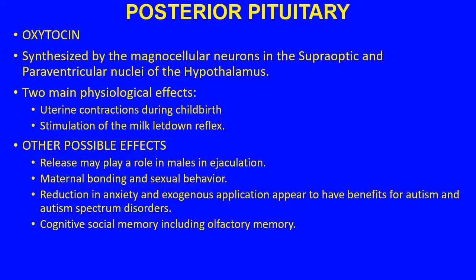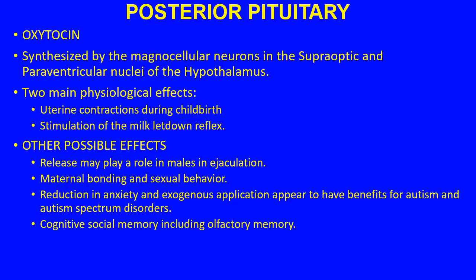For example, with oxytocin, it may be involved in the release that may play a role in males in ejaculation. Also, it may play a serious role in maternal bonding and sexual behavior. There is some evidence that it is involved in the reduction in anxiety.